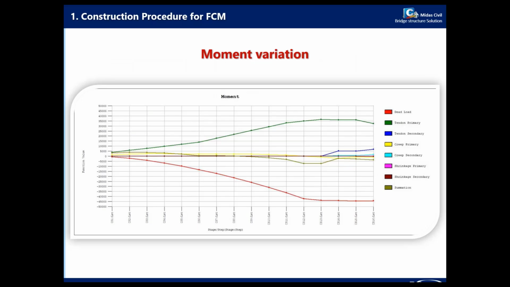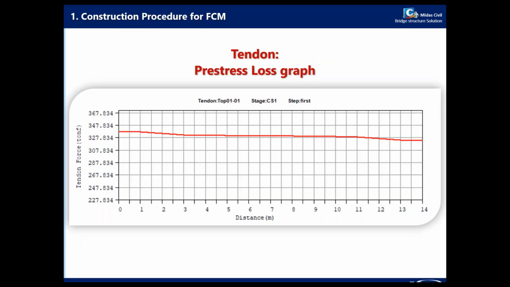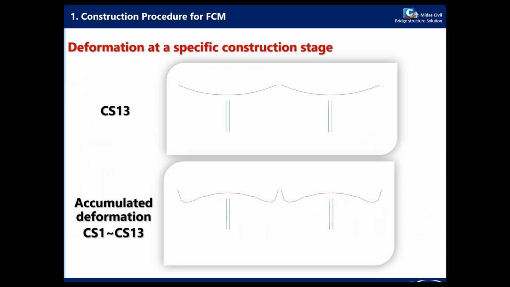And you can check also the results using table. You can check the stresses using table, and you can even import this table to Excel without struggling. And we can also check the prestressed load graph and the deformation at specific construction stage.